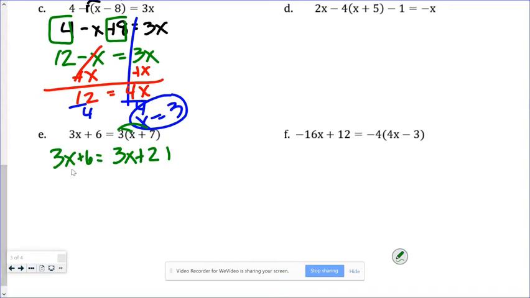Both are 3s, so it doesn't matter which one you move over. So if you notice, they're canceling out on both sides. Okay, so then I'm left with just a 6 and just a 21. That is never true. 6 and 21 are not the same number, so I'm going to write no solution.